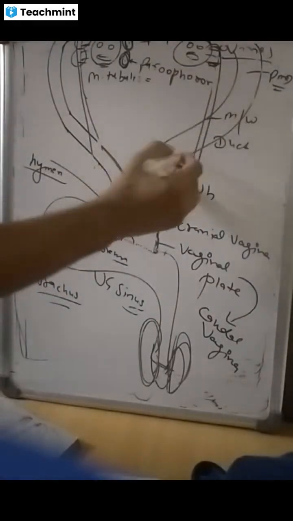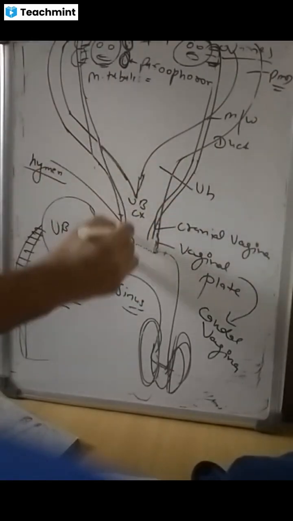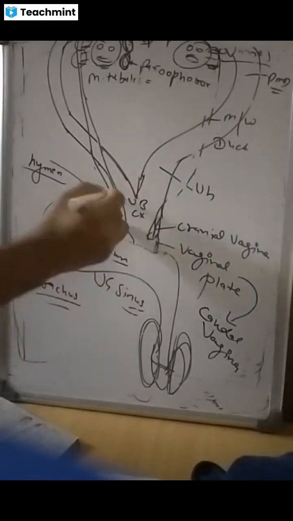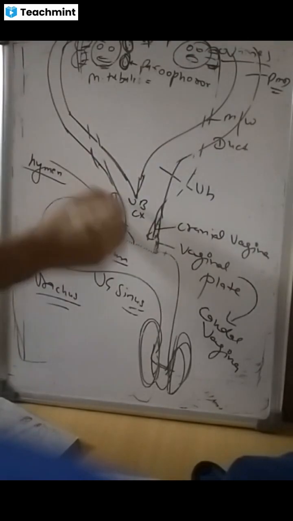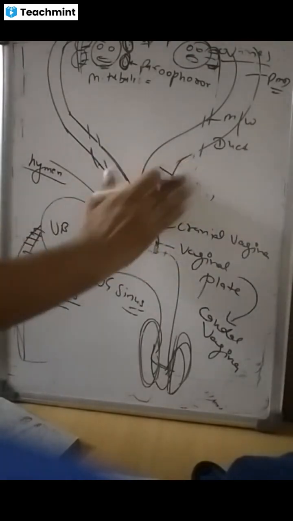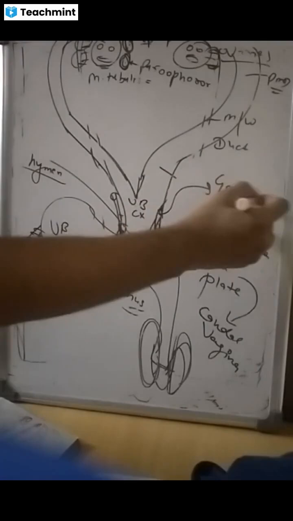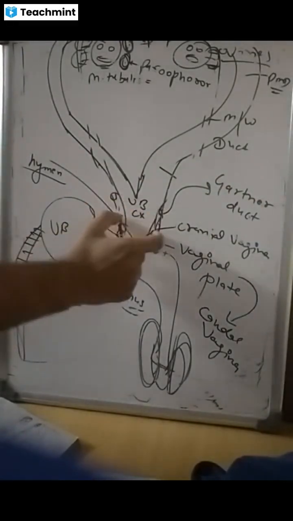Then what happens to these ducts which are coming? This part will regress, and this will regress, or you will find remnants known as Gartner's duct, which remain as a cartilaginous duct in the wall of the vagina.